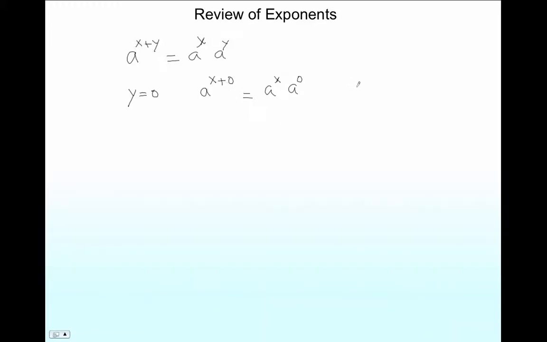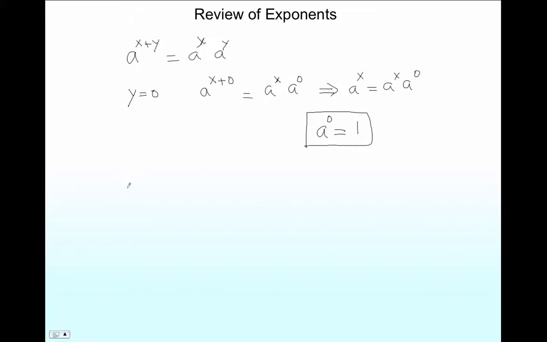So I have from here that a to the x is a to the x, a to the 0. And if I divide both sides by a to the power x, then obviously I arrive at the conclusion that if I raise any number to the power 0, the answer is 1. It doesn't matter what a is, a to the power 0 is 1.